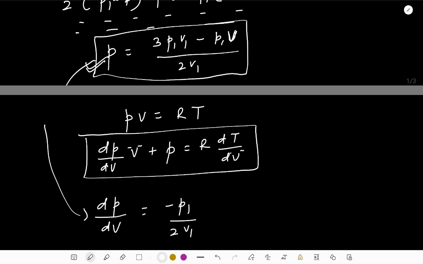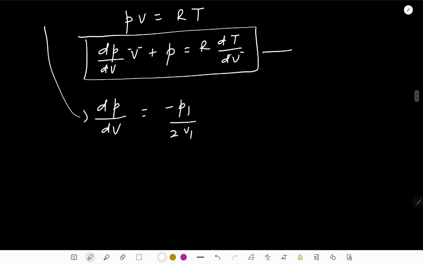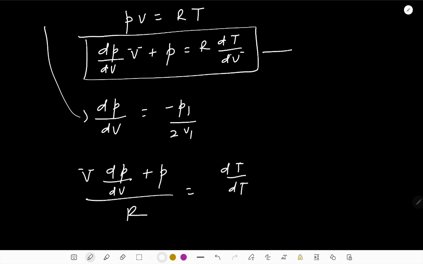So from this statement, that is dP by dV times V plus P by R, equal to dt by dV.